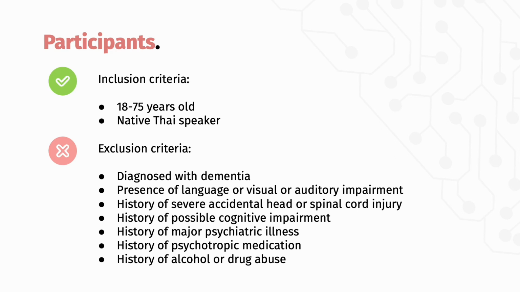The exclusion criteria are being diagnosed with dementia, presence of language or visual or auditory impairment, history of severe accidental head and spinal cord injury, history of possible cognitive impairment, history of major psychiatric illnesses, history of psychotropic medication, and history of alcohol and drug abuse.